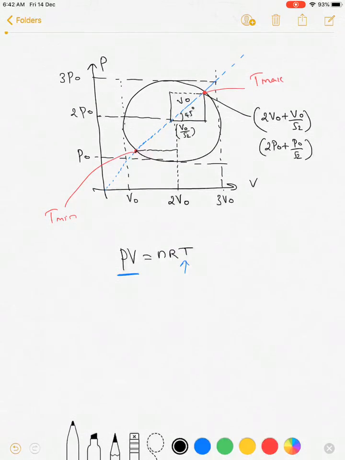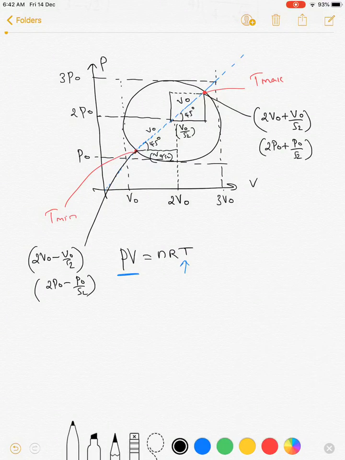Again this distance is V naught, this angle is also 45, so this distance is V naught divided by root 2. So the coordinates of this point are: the x coordinate is 2V naught minus V naught divided by root 2, and the y coordinate is 2P naught minus P naught divided by root 2.